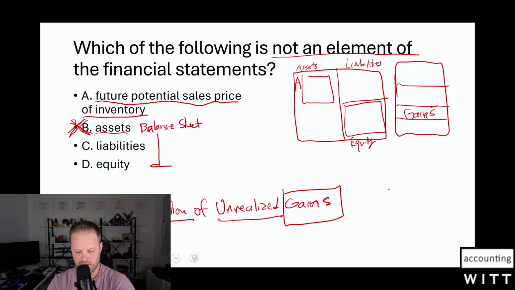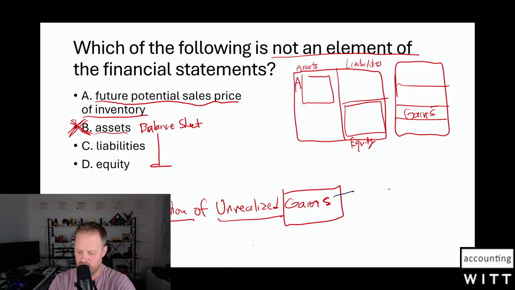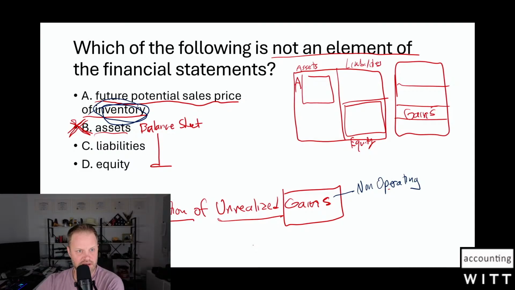I want a different color pencil. Gains are something you have on non-operating assets. Well, inventory is an operating asset.